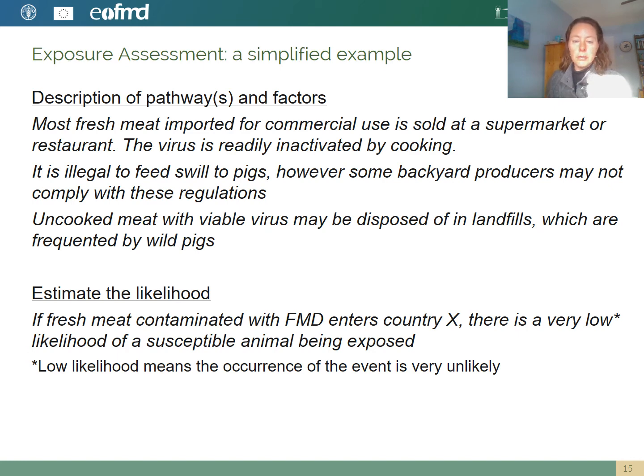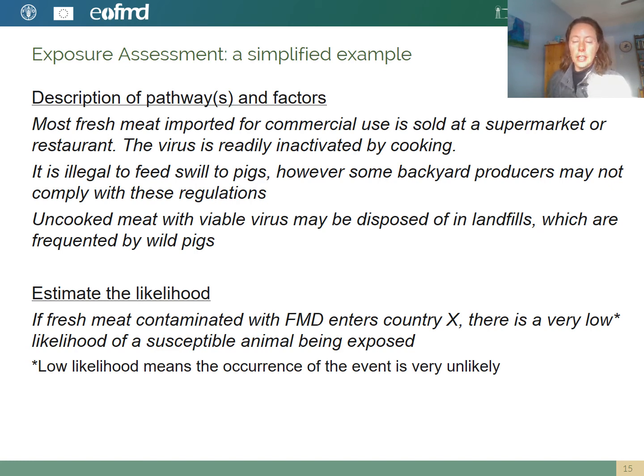Uncooked meat with viable virus may be disposed of in landfills, which are frequented by wild pigs. And then you estimate the likelihood. If fresh meat contaminated with foot-and-mouth disease virus enters country X, there's a very low likelihood of a susceptible animal being exposed. And wherever possible, this should be backed up with data.